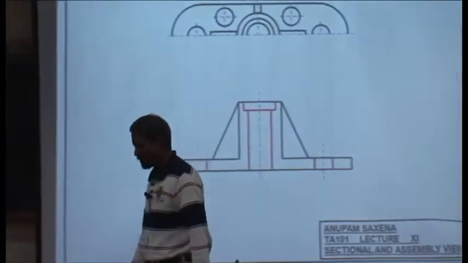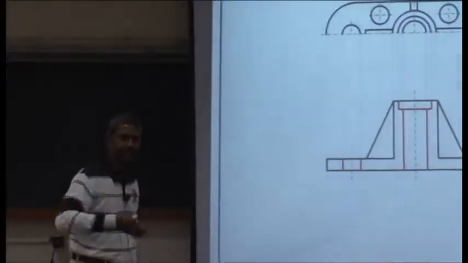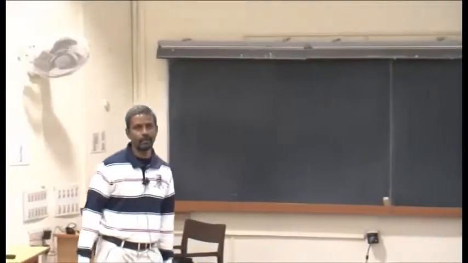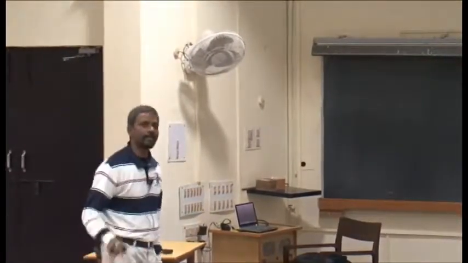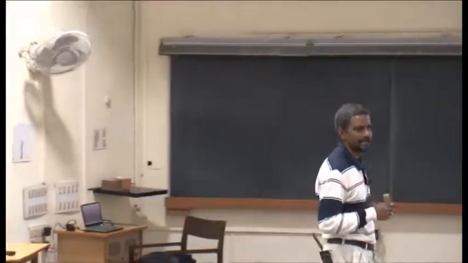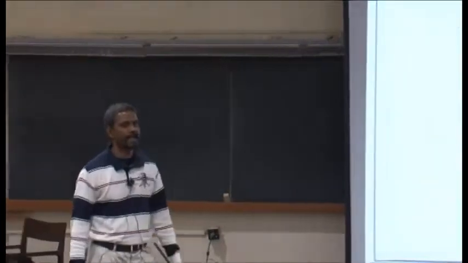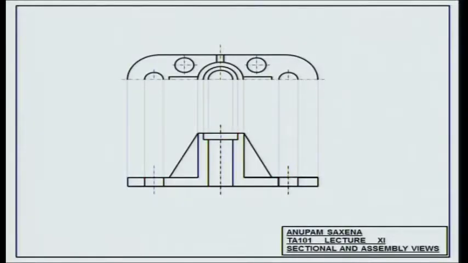To show that you have actually taken a section of the object, this is the only part of shading that is permitted in technical drawing. Hatching. By convention, this is the only part of shading that is permitted in technical drawing.